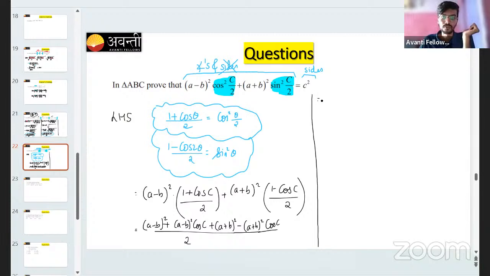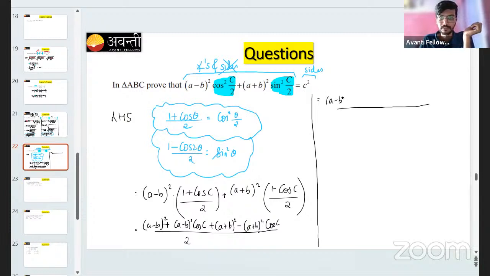So what I'll get now is I'll group a minus b the whole square plus a plus b the whole square. Correct?